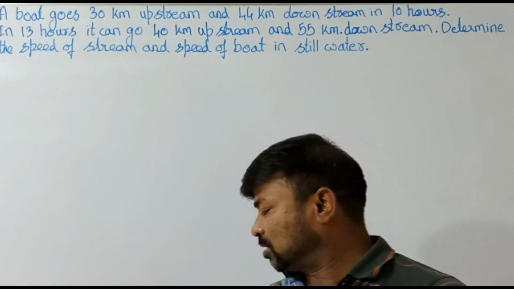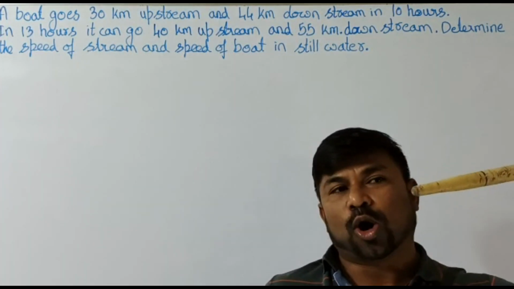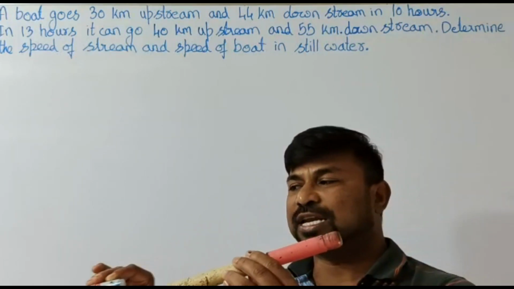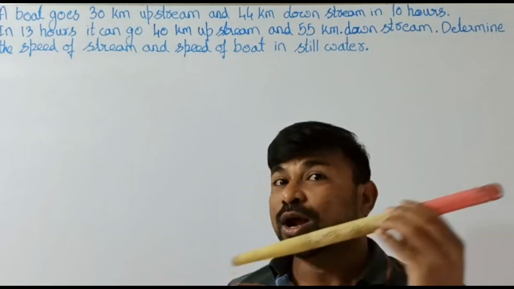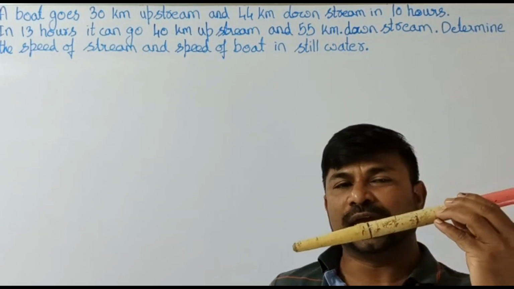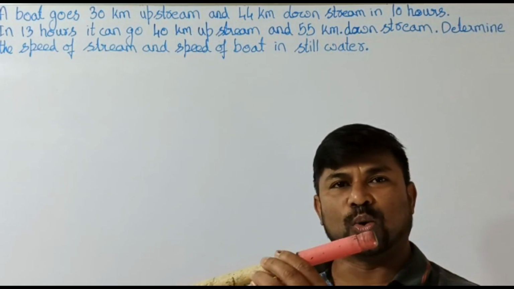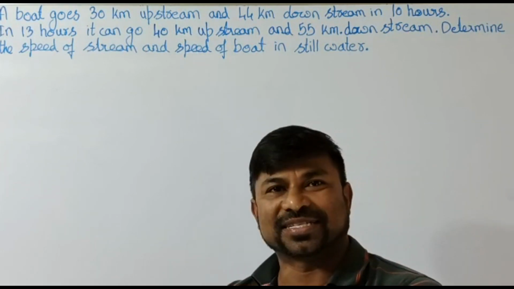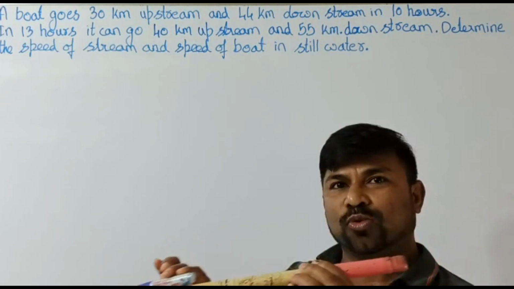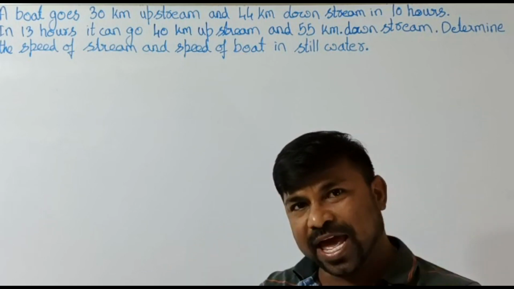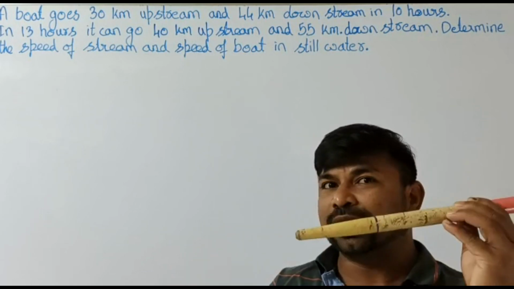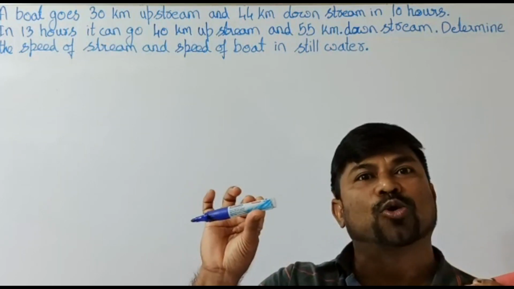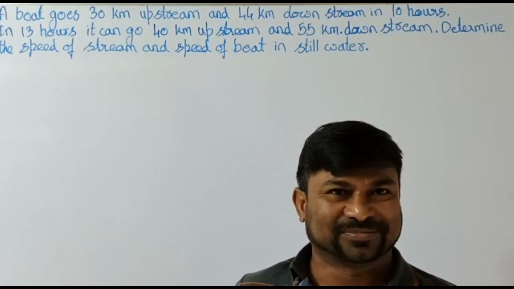The second option: if the water is moving in this direction and the boat is also going in this direction, the water flow will be slow whereas the boat movement will be fast. If they are both moving in the same direction, the flow of the water will support the boat to move a little bit faster.